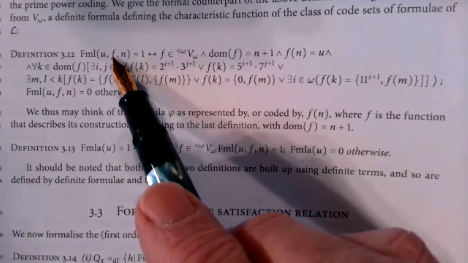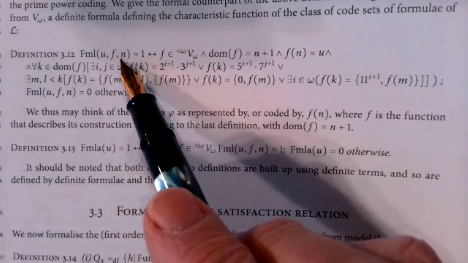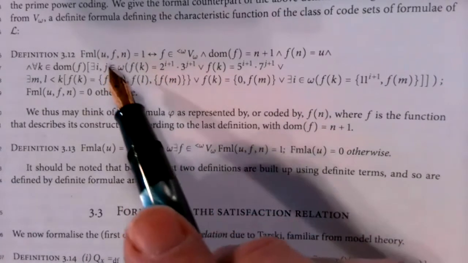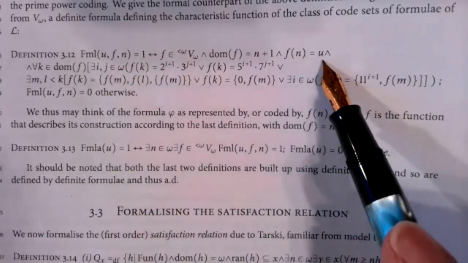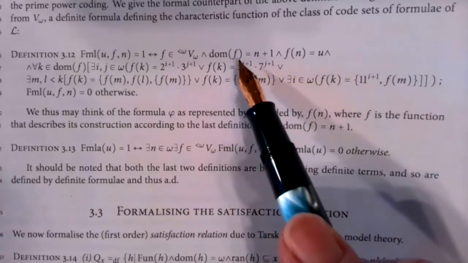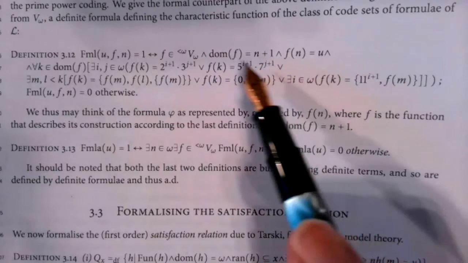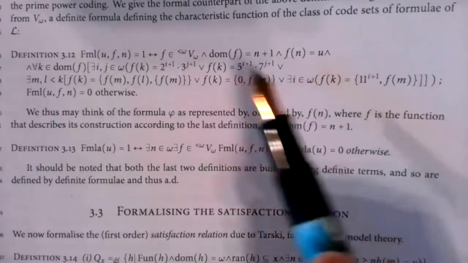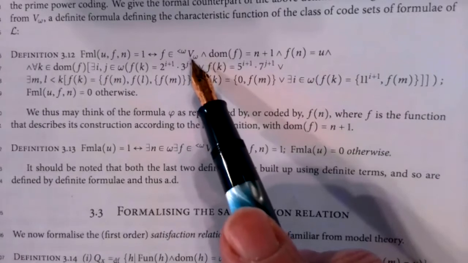It tells us how to build a code for the formula u in n steps. So you can see here, f of n is u. The domain of f is the natural numbers up to and including n, 0, 1, 2, 3, 4, and so on up to n. It's a function into the hereditary finite sets.